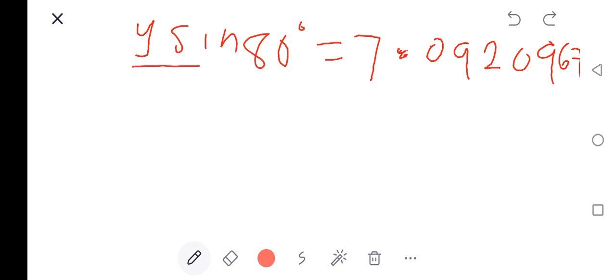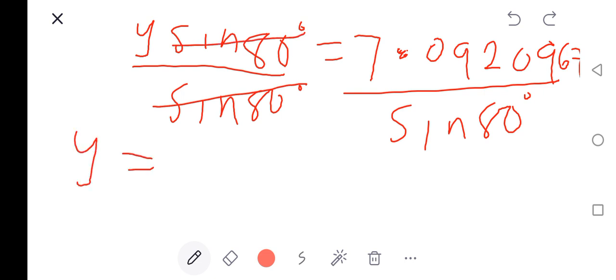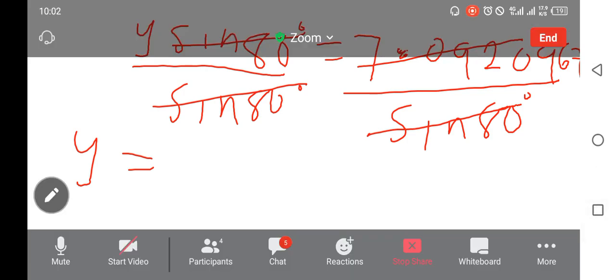We now have to say over sine 80. So you copy all the numbers so that you don't affect your final answer. So let's now divide sine 80 into 7.